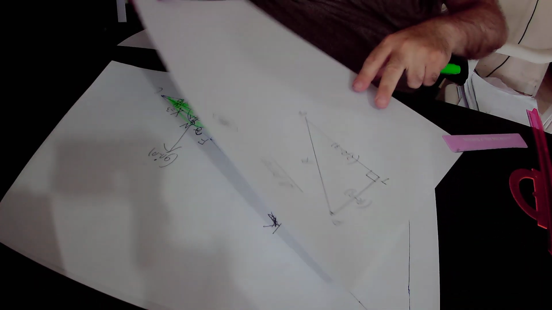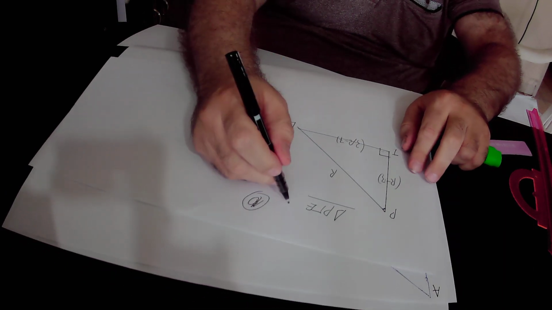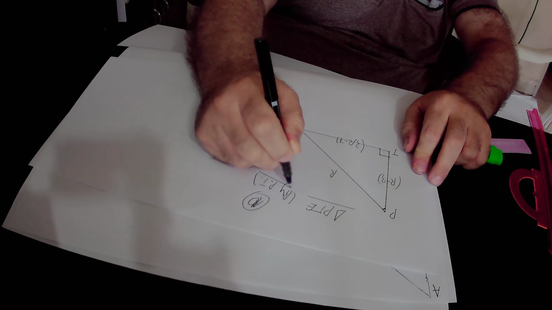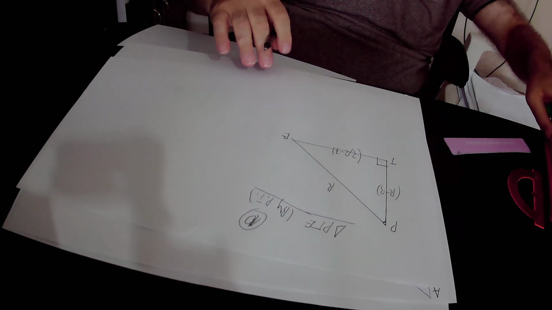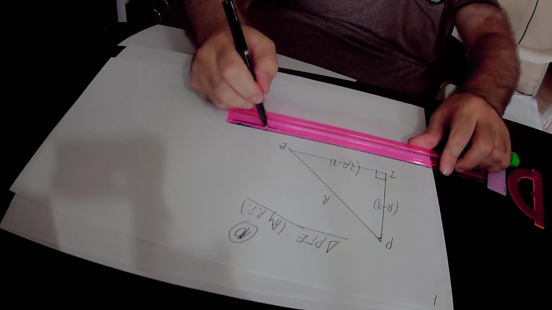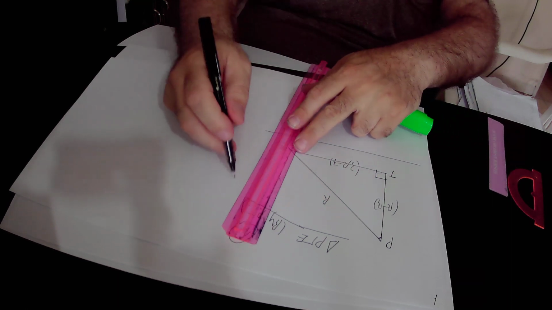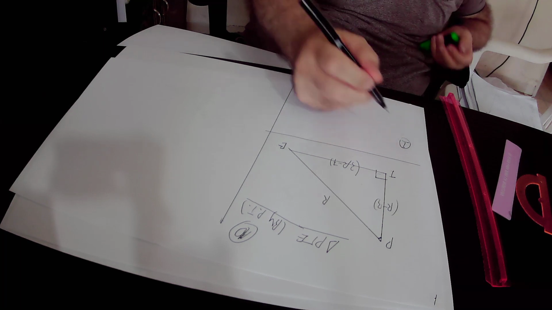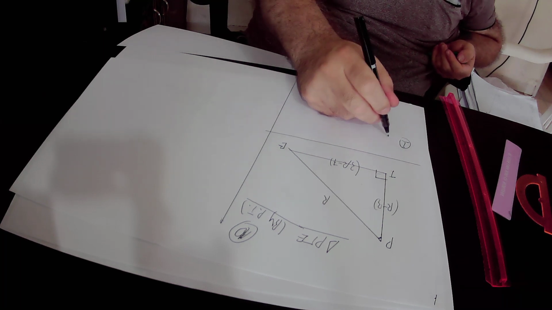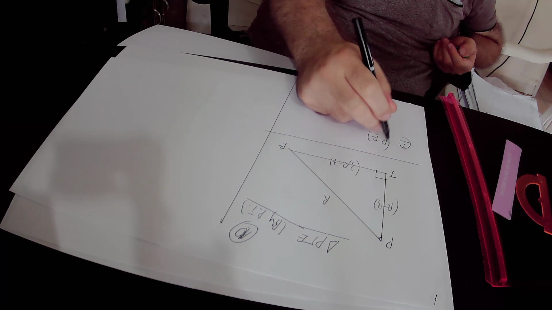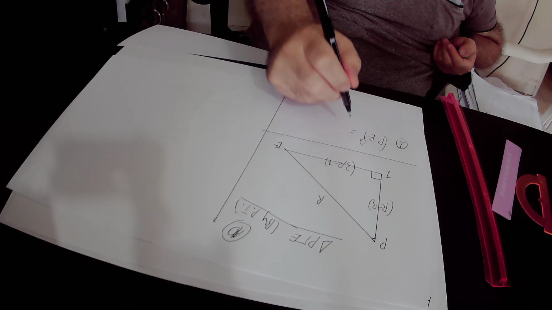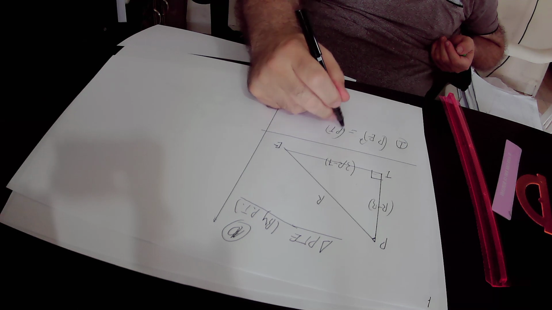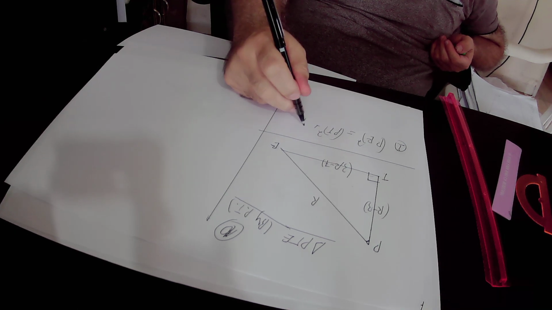According to the Pythagoras theorem, the square of the hypotenuse equals the sum of the squares of the perpendiculars. So the square of the hypotenuse is PE square, and it must equal PT square plus TE square.